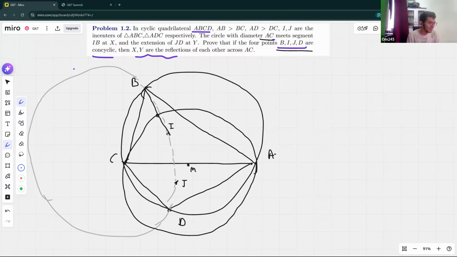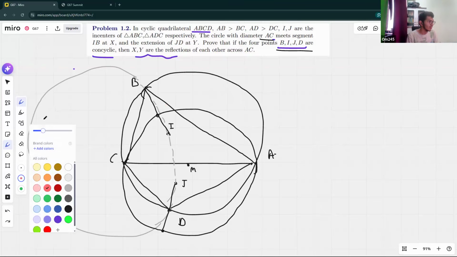This is one point. Also, wait, it does not have to lie on the circle. Obviously. And I will label them X and Y in a different color.